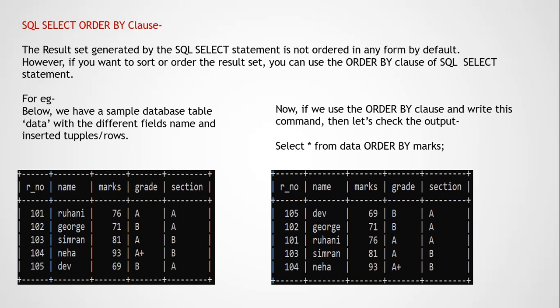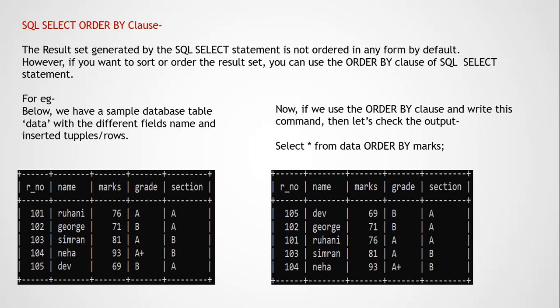On the right side, if we use the order by clause and write this command, select asterisk from data order by marks, you will have an output like this. The sorting is done on the marks column.